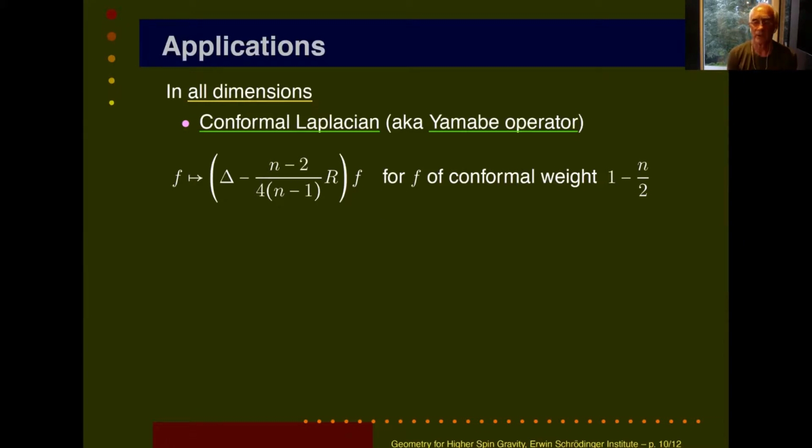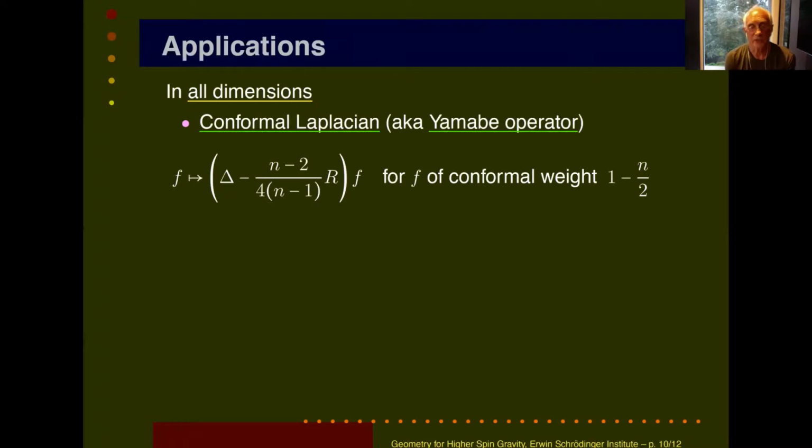But what you have to bear in mind is that if you rescale your metric, then f rescales by an appropriate factor. This weight 1 minus n over 2 is exactly the factor that you need in order for this formula to be conformally invariant. So on the right-hand side, f is mapped to the Laplacian minus a very appropriate multiple of the scalar curvature.